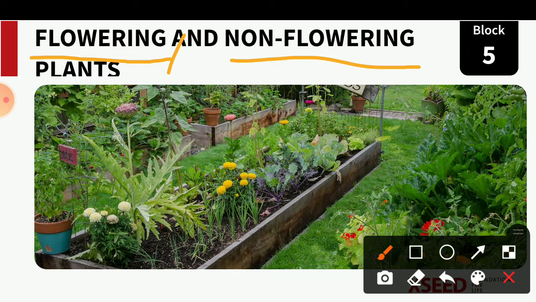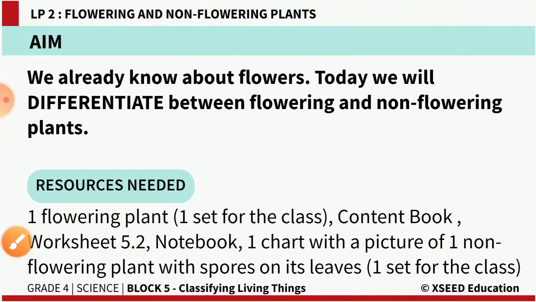One category we call flowering plants, where beautiful flowers with a good fragrance are noticed, and the second is non-flowering plants, where we won't observe flowers. Okay, so now let us start our class.